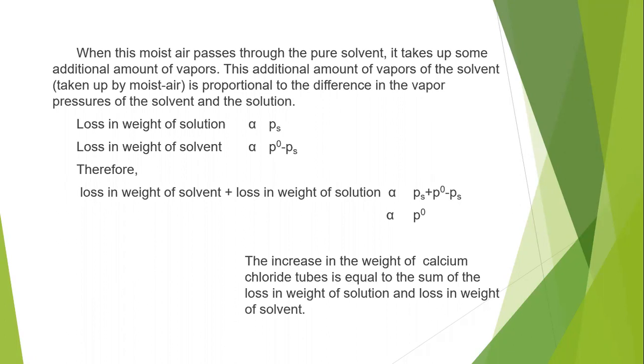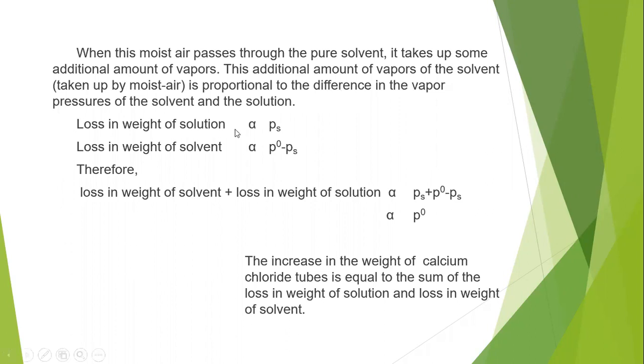This additional amount of vapors of the solvent taken up by the moist air is proportional to the difference in the vapor pressure of the solvent and the solution. So the weight of solvent taken by the air passing through the pure solvent is directly proportional to the vapor pressure difference, or lowering in vapor pressure.